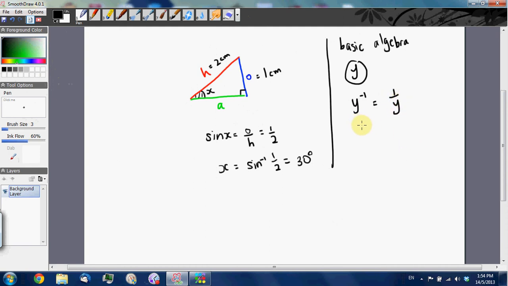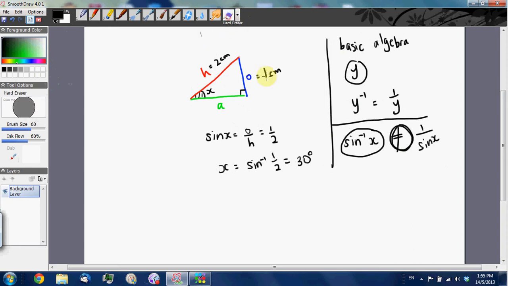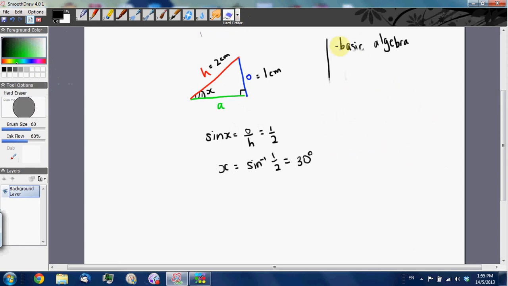However, in trigonometry, when you see functions like sine, cosine, and tangent, sine inverse of x is not equal to 1 over sine x. Okay, so sine inverse of x is not equal to 1 over sine x. Alright. Okay, so back to inverse trigonometry, it's actually that straightforward.